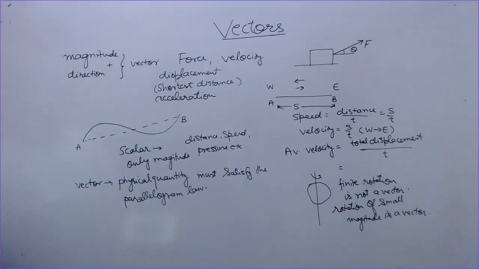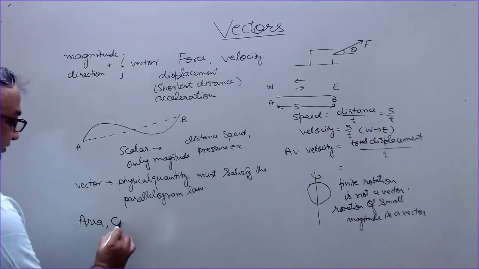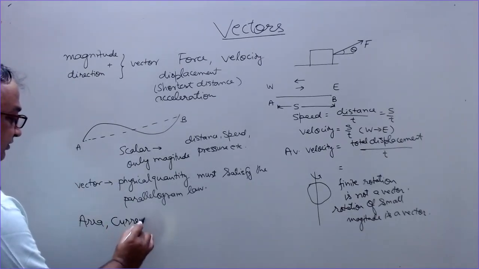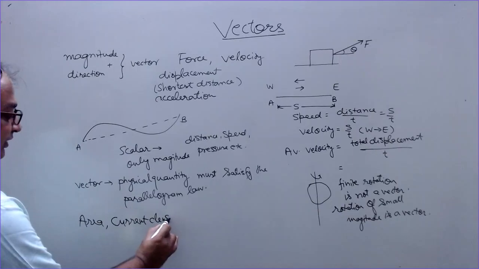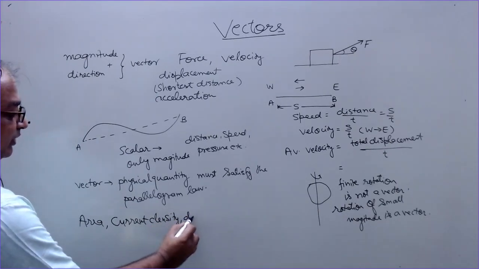Then we have some quantities like area. Area can be termed both as a vector and a scalar. Sometimes we call it a vector and sometimes we call it a scalar. So we use it according to our specific requirement: area, current density, current per unit area, and dipole moment.